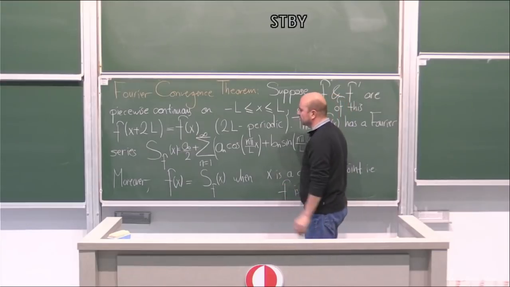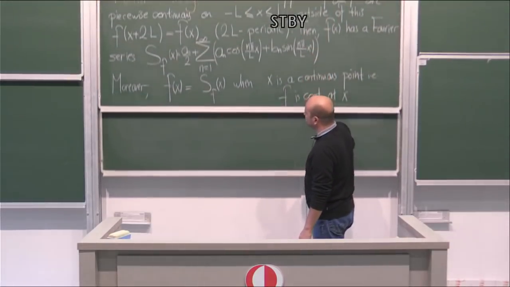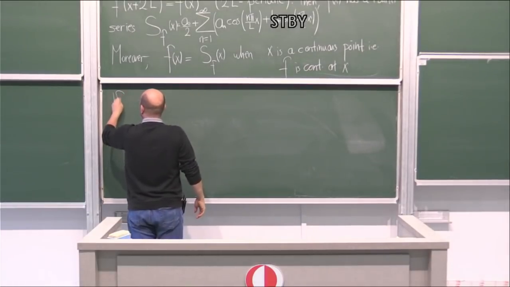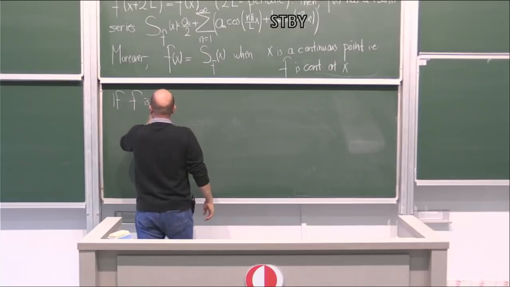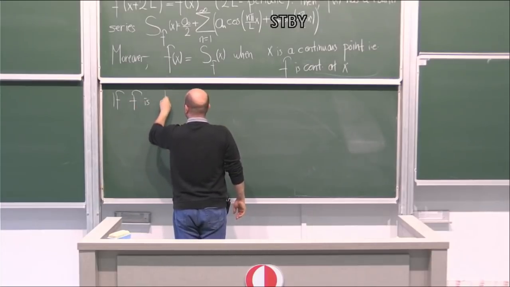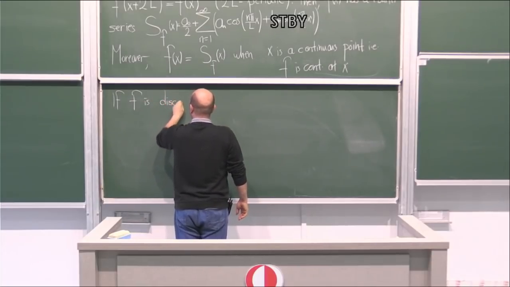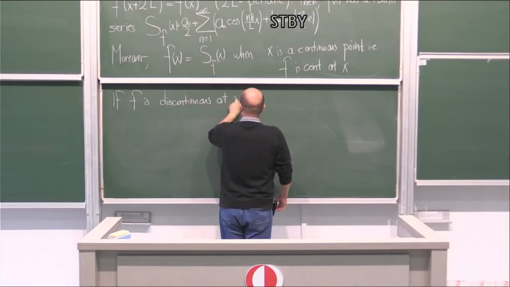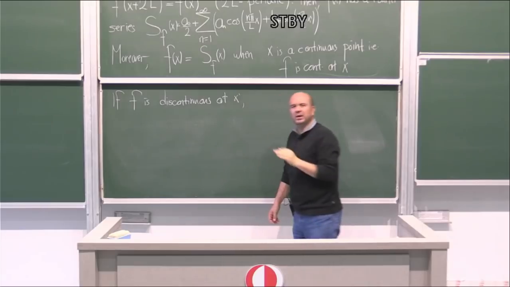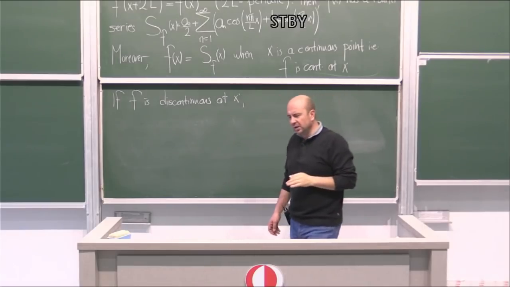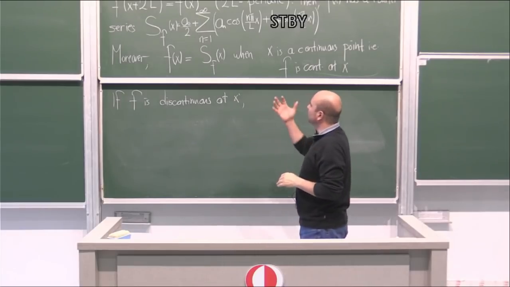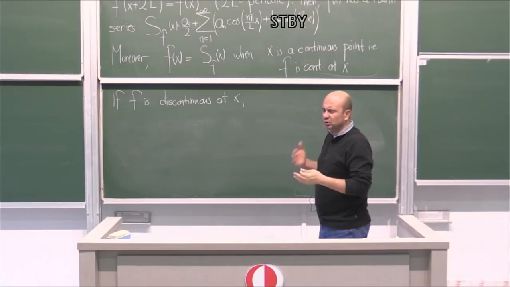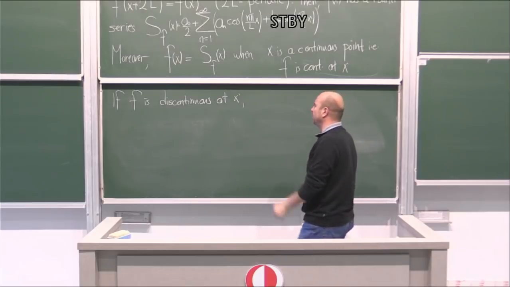How about the discontinuous point? If f is discontinuous at x, but we know that since it's a piecewise continuous function, it has only either removable or jump discontinuity. Actually, removable is not a very bad discontinuity because you can fill the hole and make it continuous.